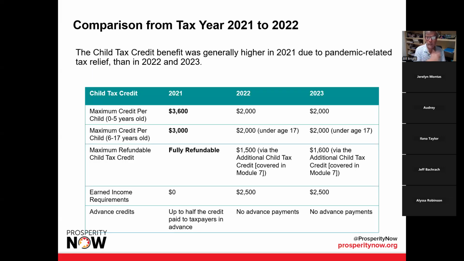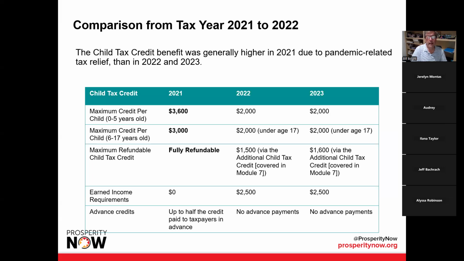So this is a little slide that shows the changes in the makeup or the calculations for the child tax credit in 2021, which, again, was a big jump due to COVID. What you'll notice there is that there was no earned income requirement. So if you just came in and you didn't work and you had two kids, you get the max credit.